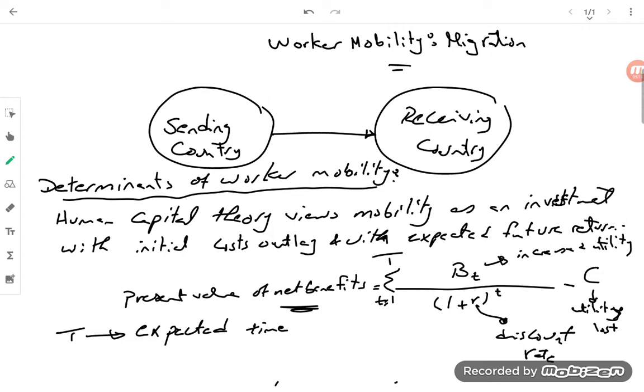So we have to add all of them together, benefits or utilities gained minus utilities lost, discounted of course, for all years in order to calculate the present value of the net benefit.